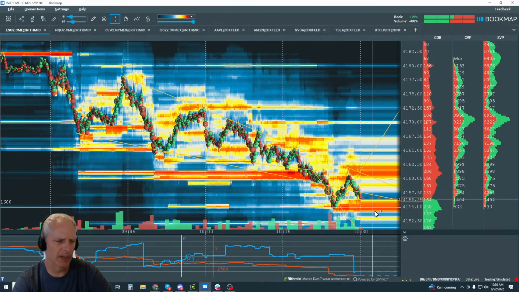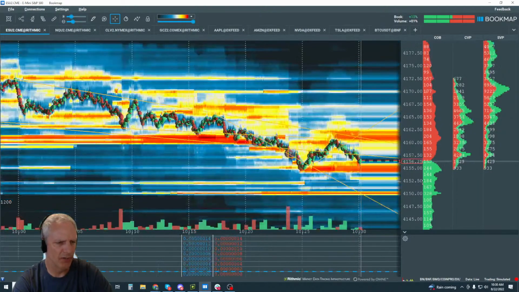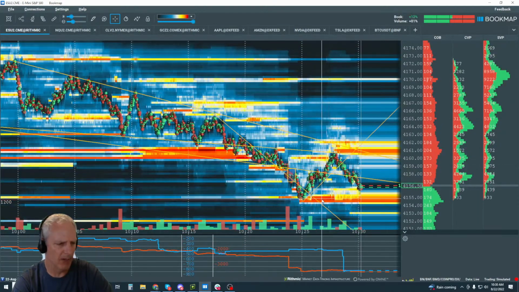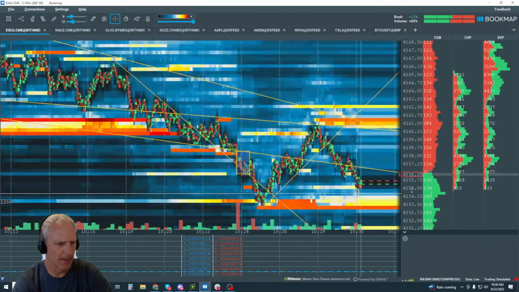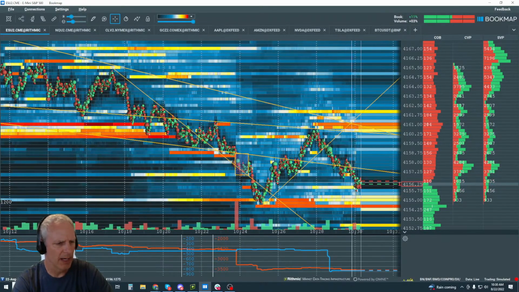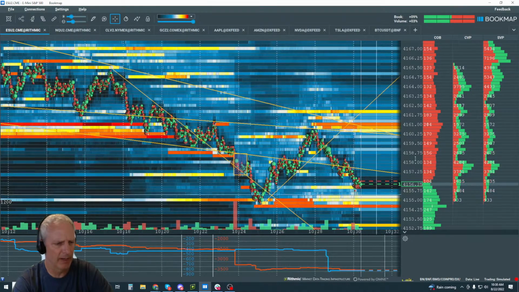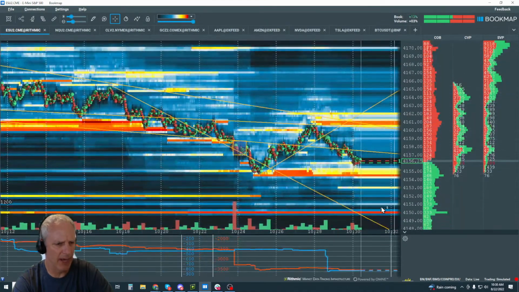So looking for the continuation, back down to 55, and let's see if they can push it through 55. We could look for a double bottom also down here, but I don't know. I don't see a whole lot of buying up here. So looking to see if we can get our sellers to push through 55 and then hit the figure down here at 50.